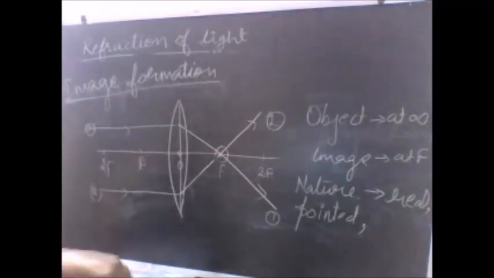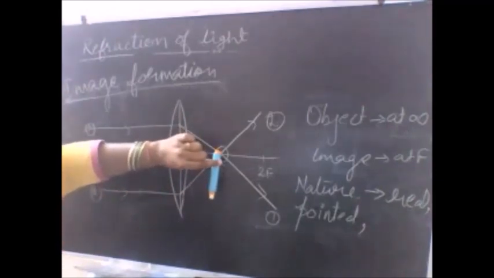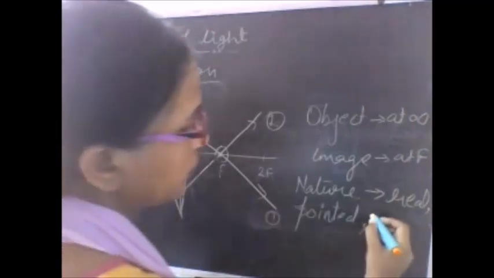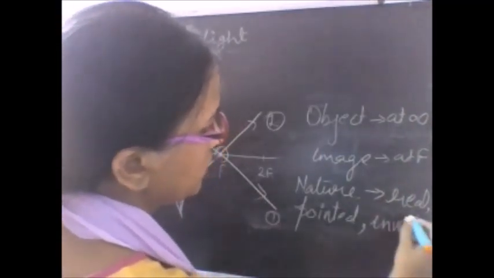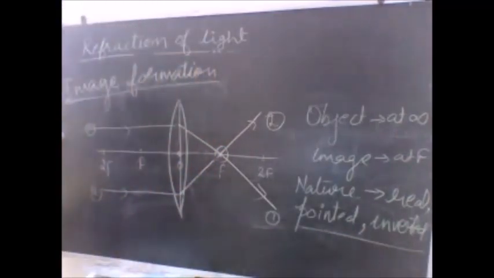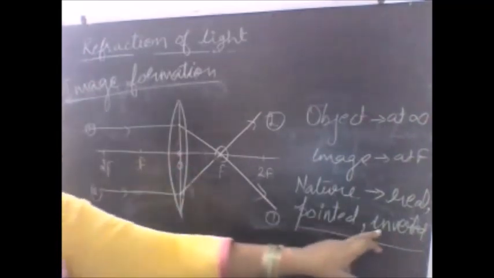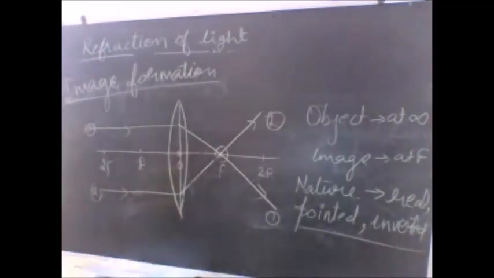Erect means that it is formed above the principal axis. Inverted means that it is formed below the principal axis. And we'll prove that with the ray diagrams, that the image is inverted. So it is an important property of the convex lens that if the light rays are actually meeting somewhere, if the image is real, then it will always be inverted.